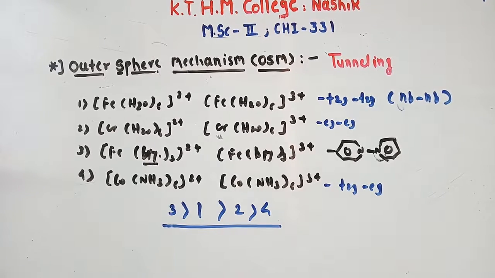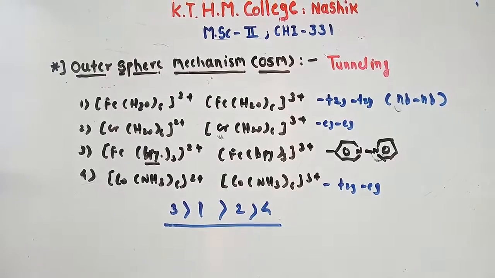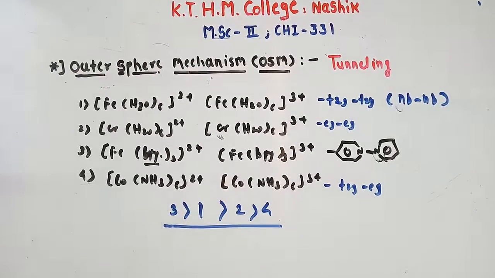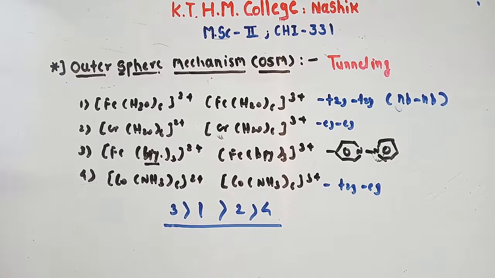Okay student, so in today's lecture we have seen what is outer sphere mechanism. After that, condition for outer sphere mechanism. All the conditions, all four conditions are very important. After that, we have seen mechanism, in which first of all, according to Franck-Condon principle, for transfer of electron between two species, the bond length as well as number of solvent molecules should be identical.